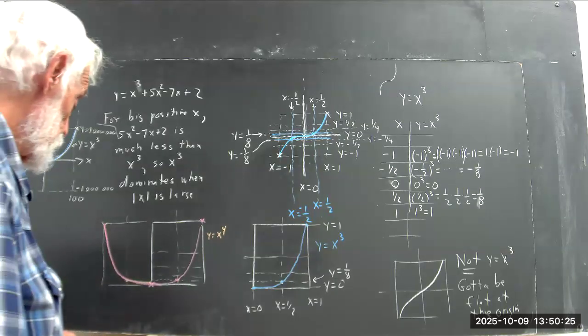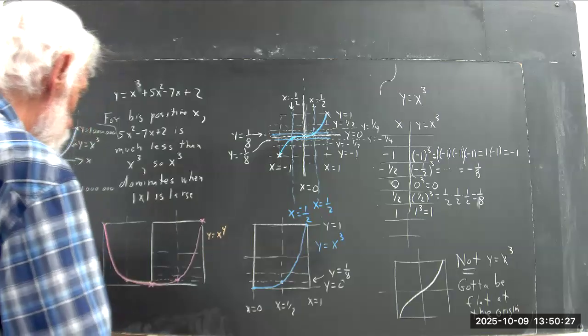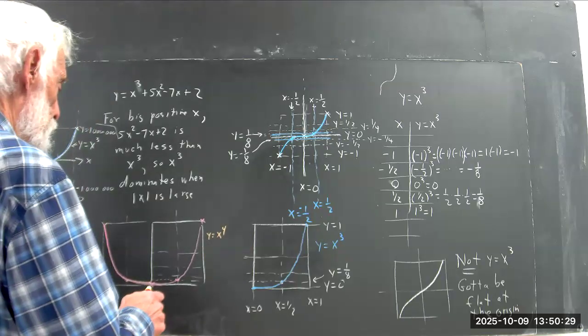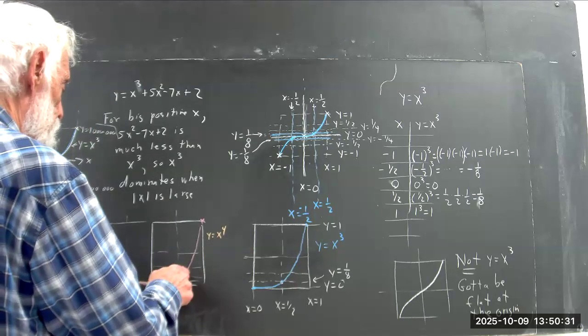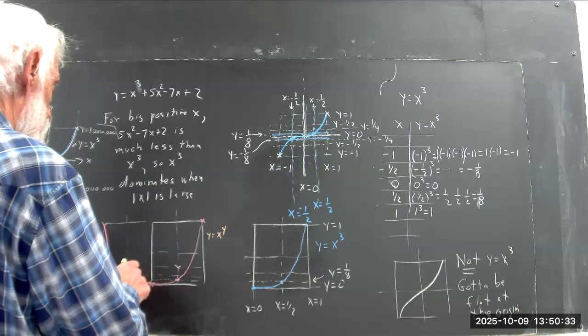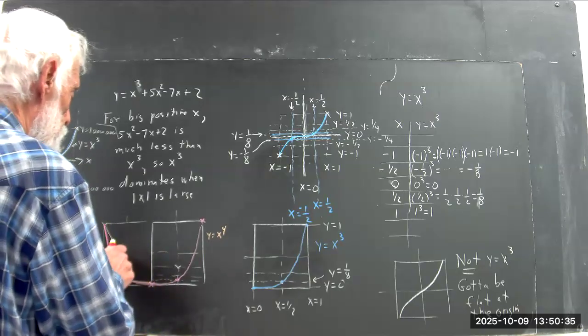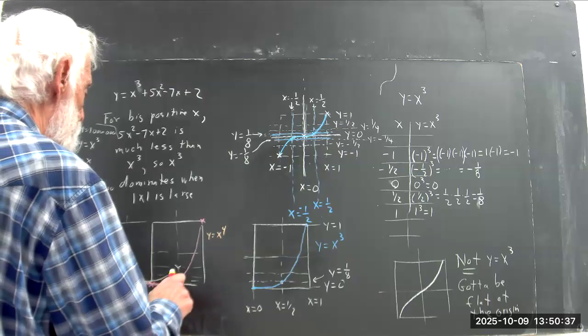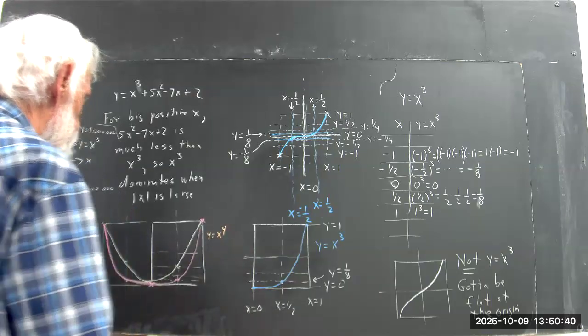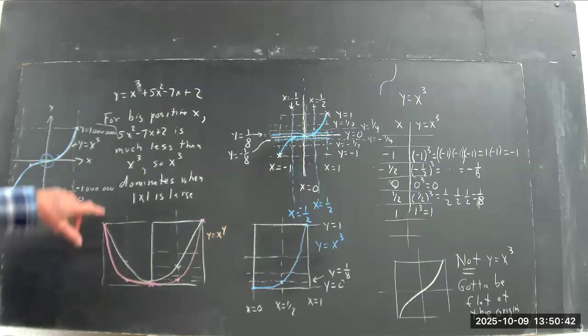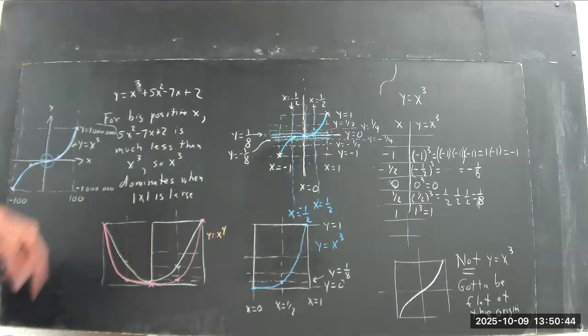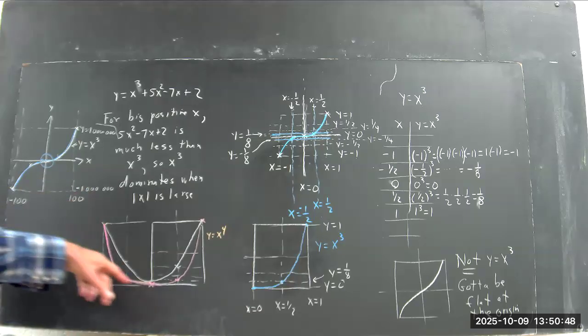Your x squared function, to contrast with the x to the fourth function, your x squared function would go through this point and a point here. So your x squared function would be much gentler. There's your basic squaring function. Okay, just the shape of a square.